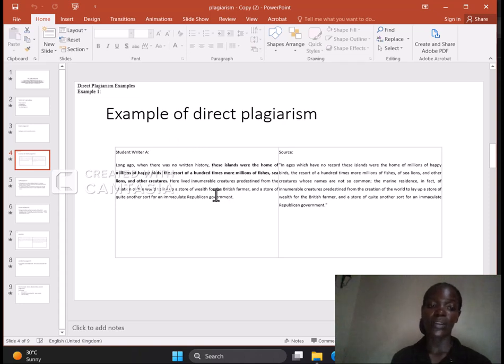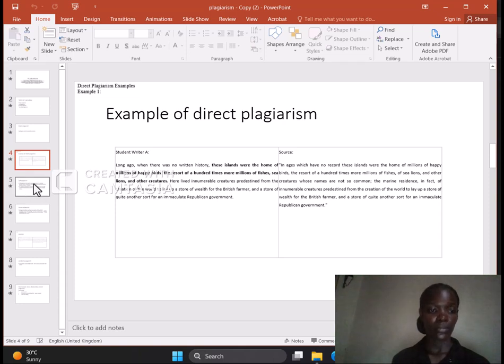Instead, when you're reading the work, you may think it belongs to this student, and yet he got it from a given source, but he left the source uncited, or he did not credit the owner of the source he or she used. So this is simply what we mean when we talk of direct plagiarism. Yeah, that is the first type of plagiarism.